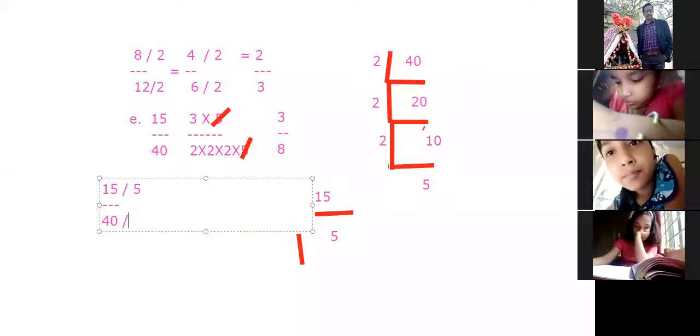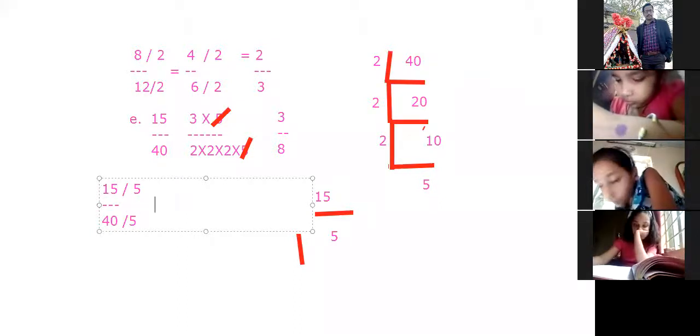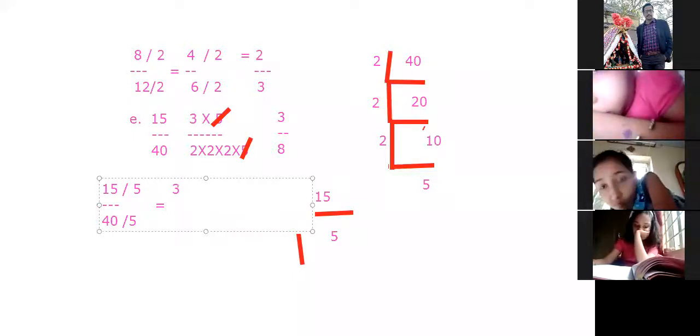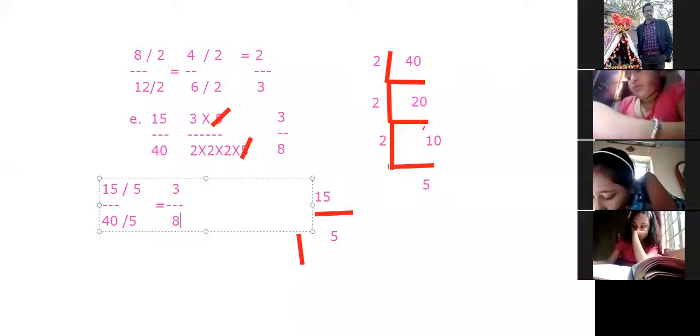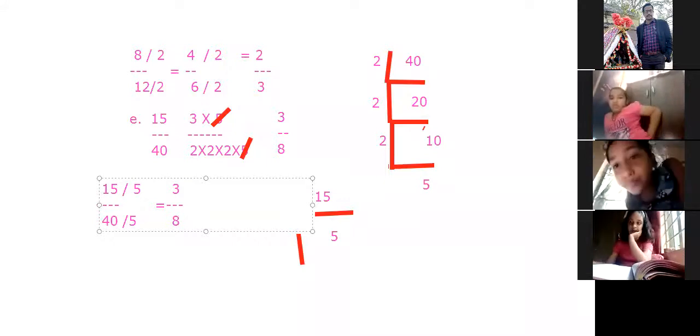So when you divide by 5, you will get 3 in the numerator and 8 in the denominator. So same result. 40 divided by 5 and 15 divided by 5, you will get the same result.